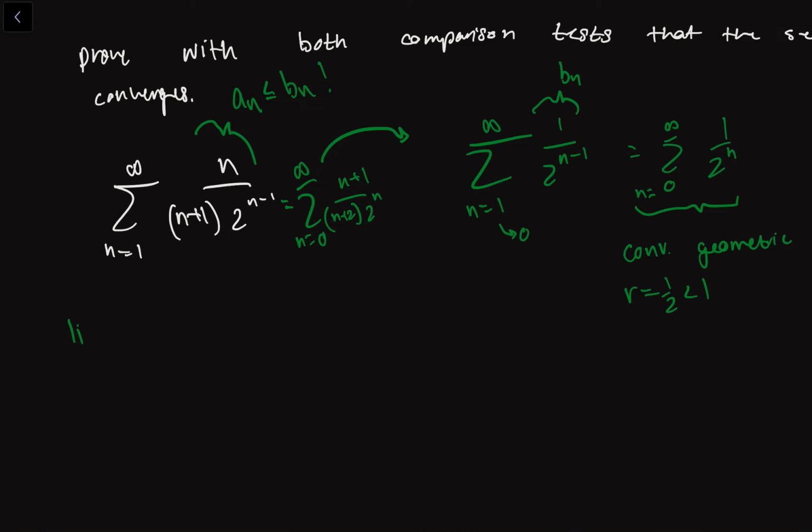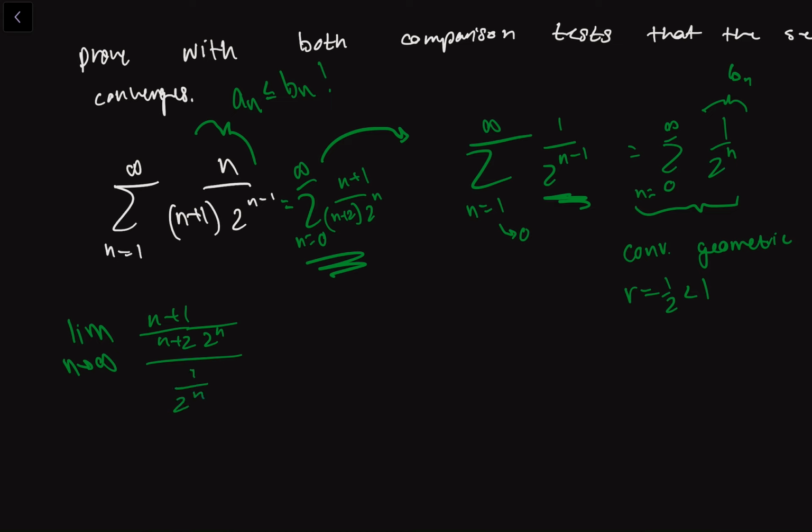First, let's do the limit comparison test, though. Let's do the limit as n approaches infinity of a sub n over b sub n, right? (n plus 1)/(n plus 2) times 1/2 to the n, over, remember we wrote b sub n as this one, 1 over 2 to the n.